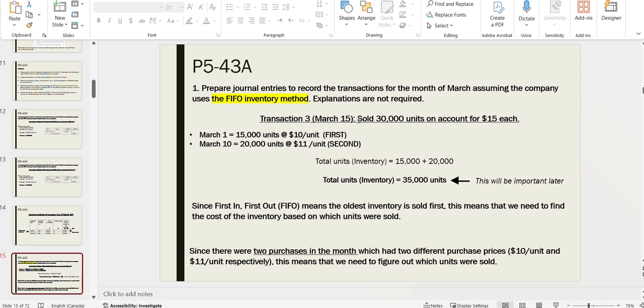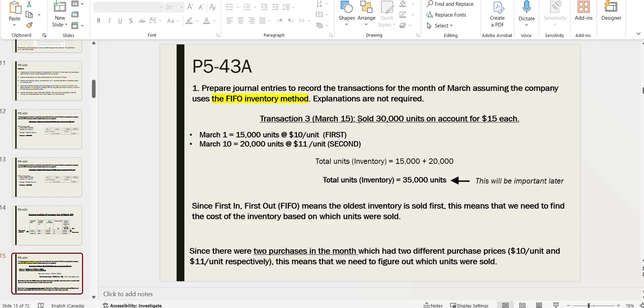The company sold 30,000 units on account for $15 each. This 15 is used for calculating our revenue. We don't need it right now.